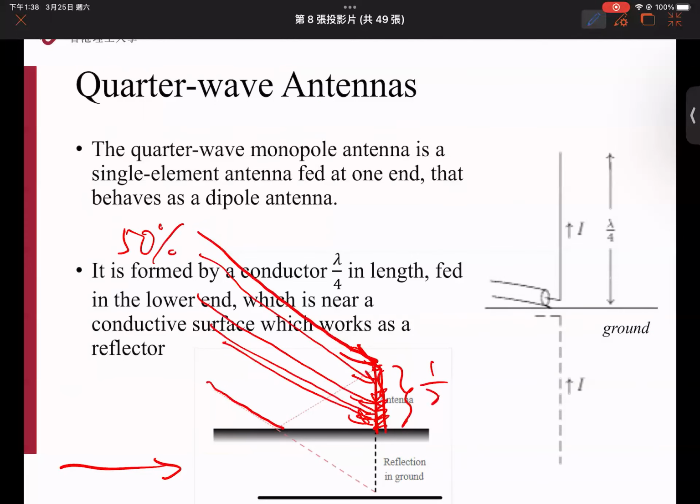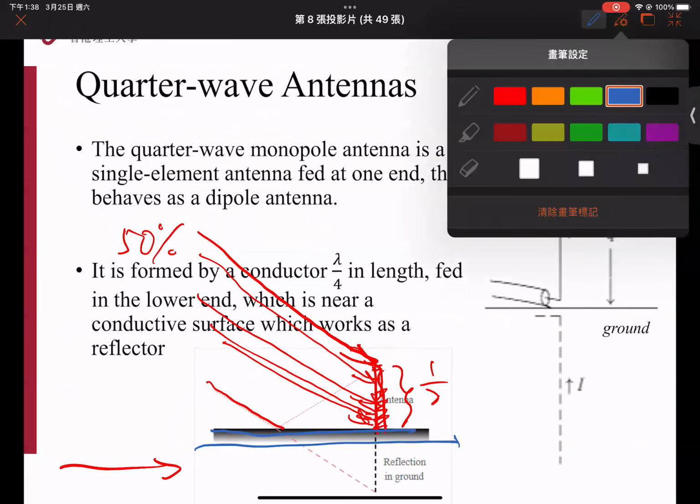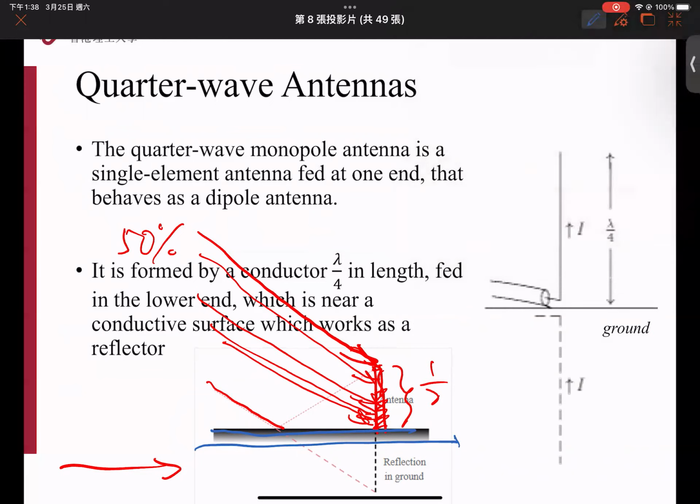But because we actually have the ground, looking like here, we also have the reflection, right? So we have different kinds of reflection coming here, and they are actually coming from the same angle, the same direction.